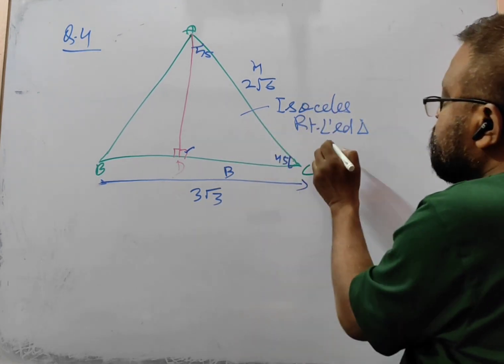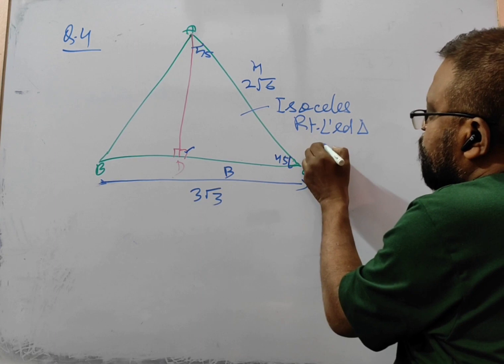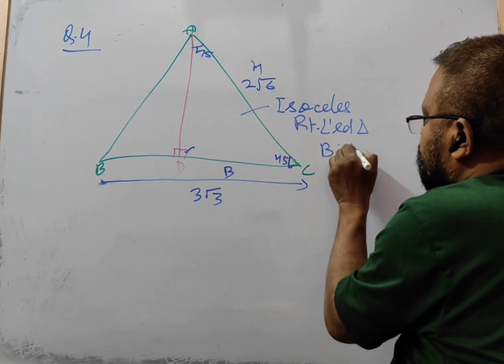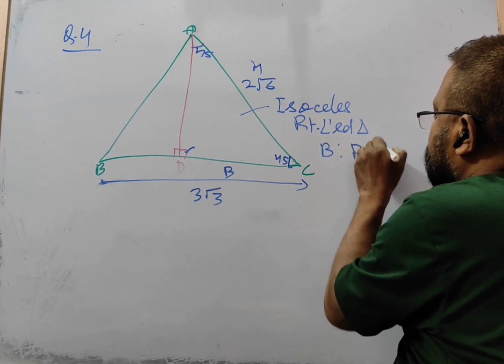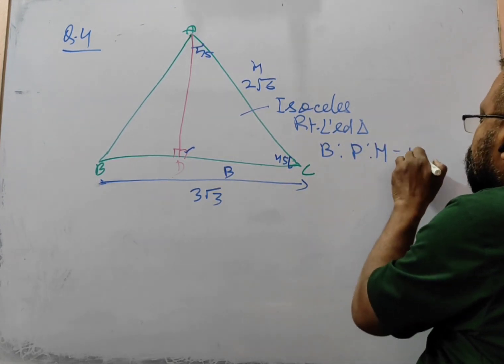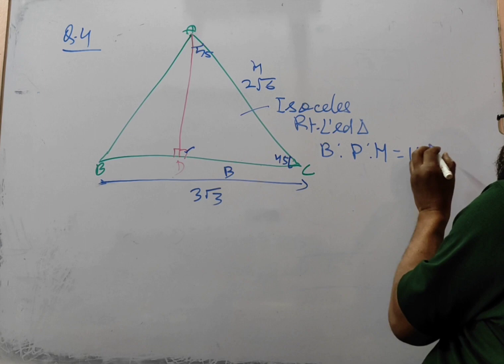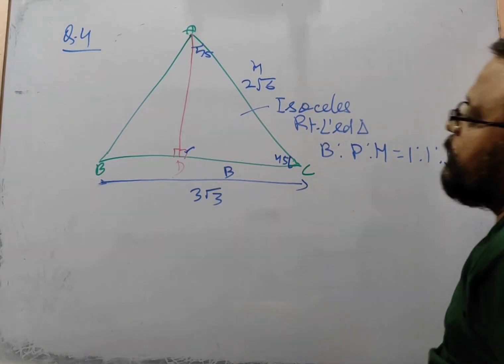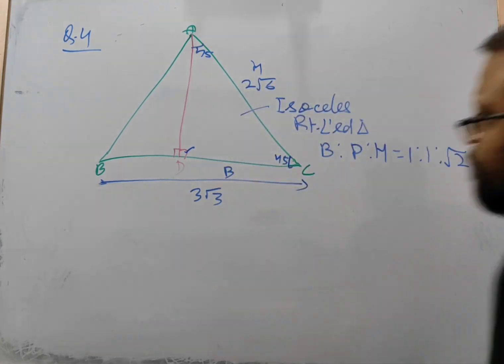So we have base ratio perpendicular ratio hypotenuse equal to 1 is to 1 is to root 2, right?